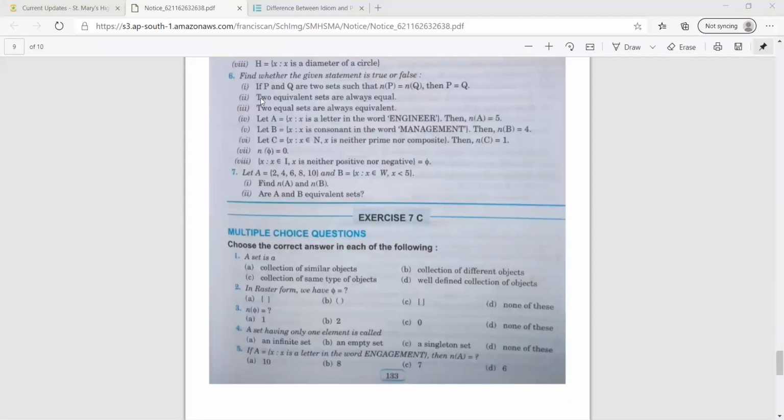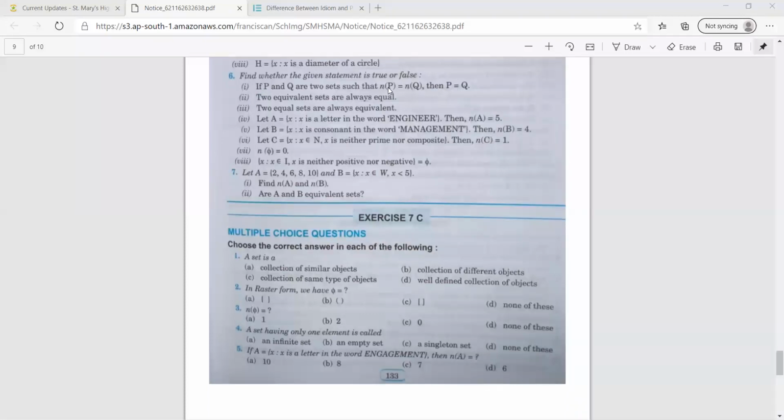Last two are infinite. Next, find whether the following statement is true or false. Now here they are telling, if P and Q are two sets such that cardinal number of P is equal to cardinal number of Q, then P will be equal to Q. No, it will not be, because when we want to see if they are equal, we want to see which elements are there.